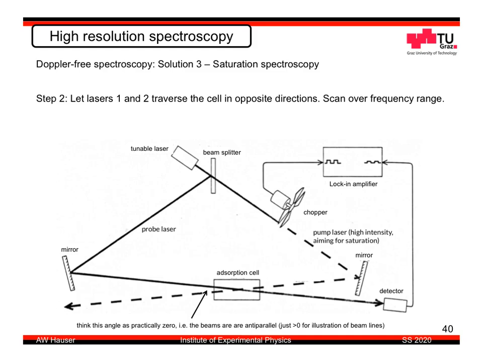A quick note before we go to the next slide: this angle here is just for illustration, so meaning that the probe and the pump laser are anti-parallel, so this angle can be considered 0.